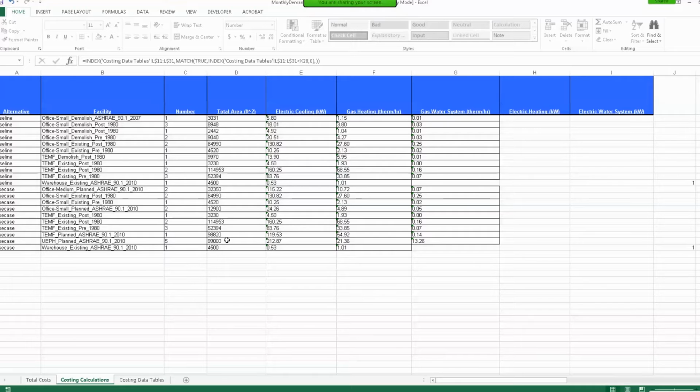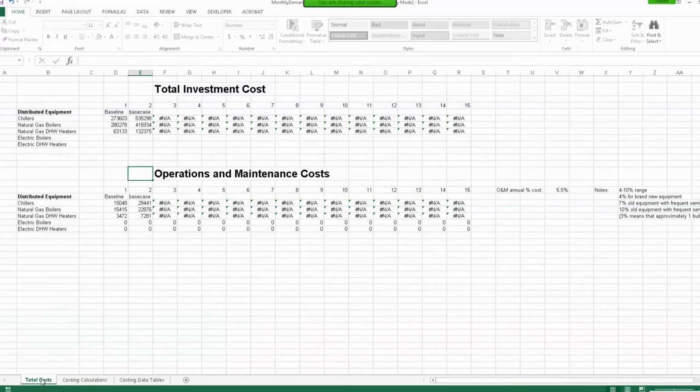I mentioned the output of that report, but I'm providing this spreadsheet template back to the ITL folks that are going to then integrate it so that they'll dump the data in here and we'll still get all the results back out. So there's a lot of work that goes on in this spreadsheet, but the only thing you'll have to look at are those total costs.